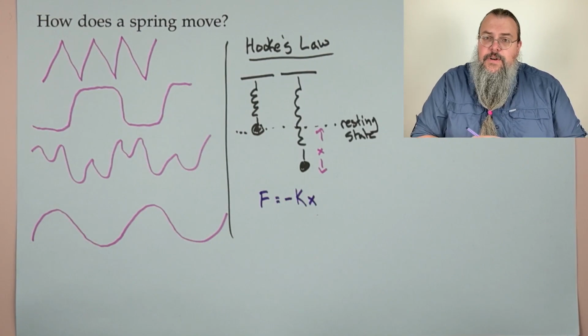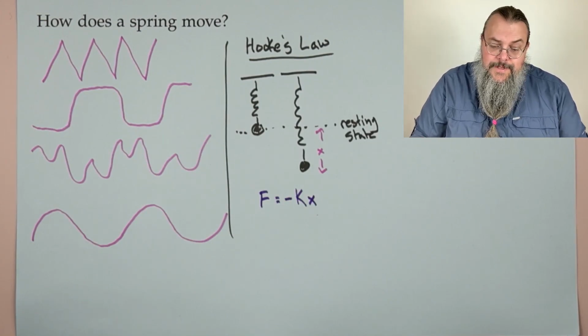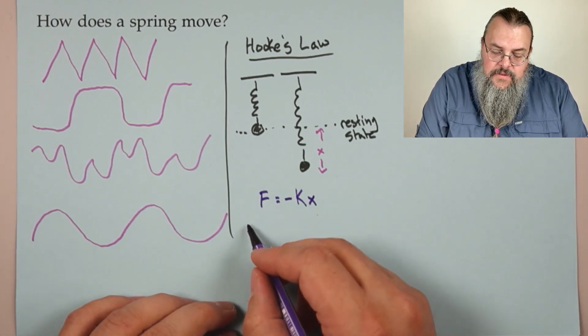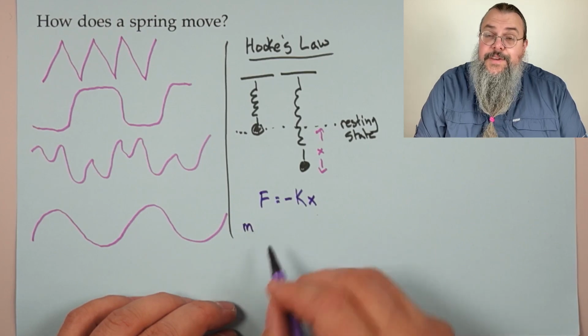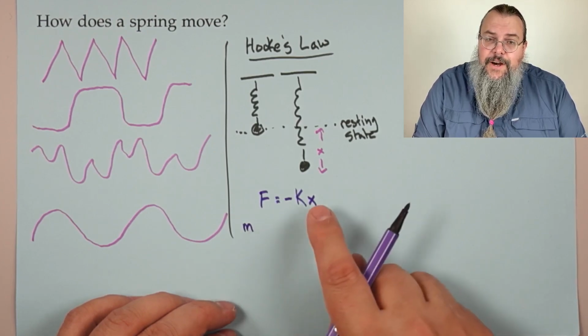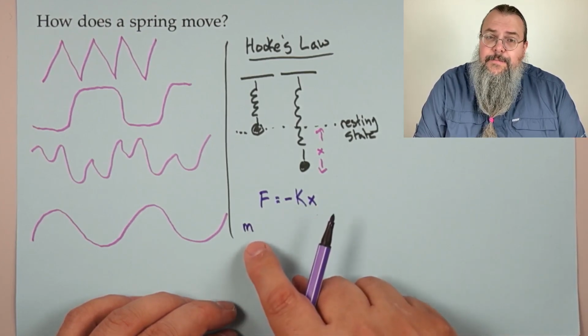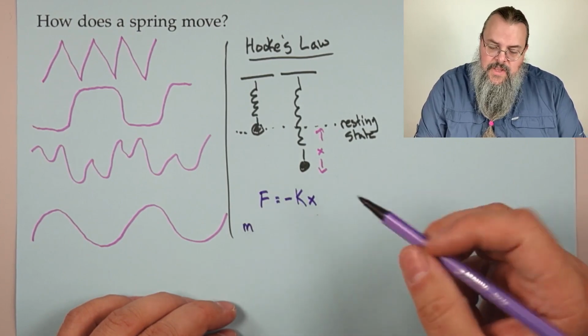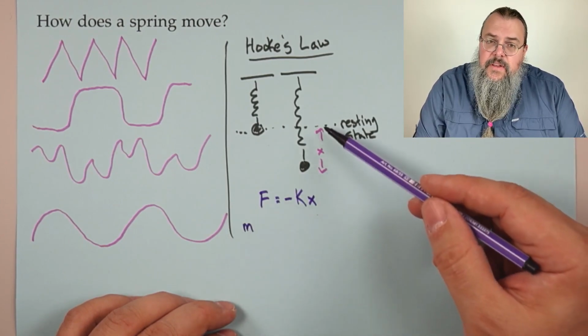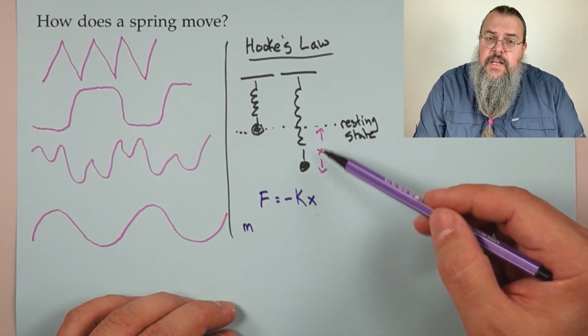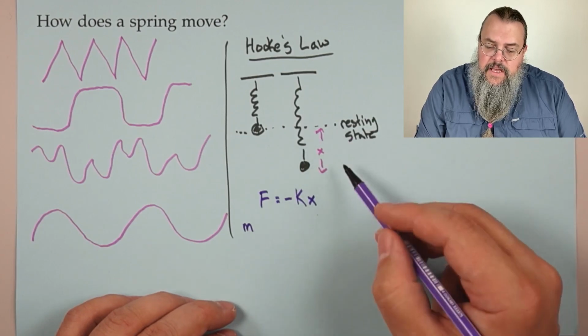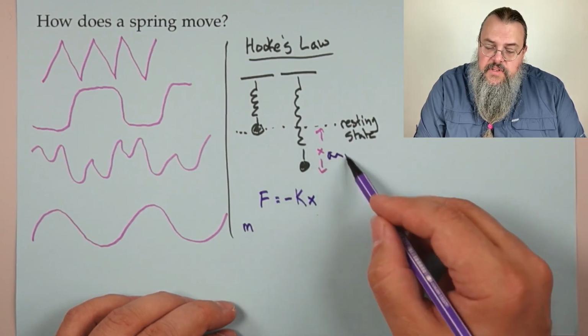All right, well now we start thinking about, well, what's force? Well, force is, you can do it as mass times acceleration. Now, mass, that's easy, that's m. What is acceleration? It comes back to x. See, x is how far I pulled it. I can also think here of x as being position.